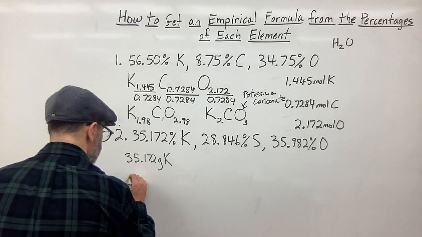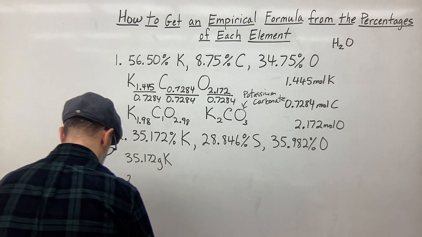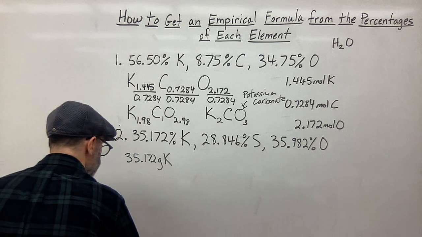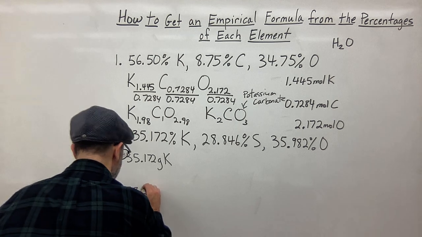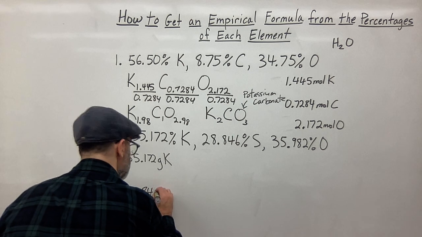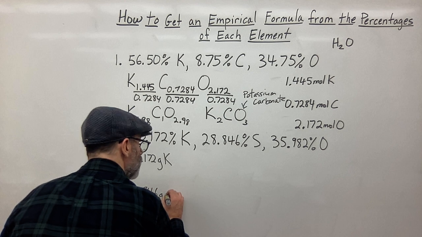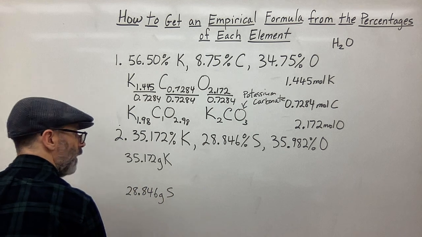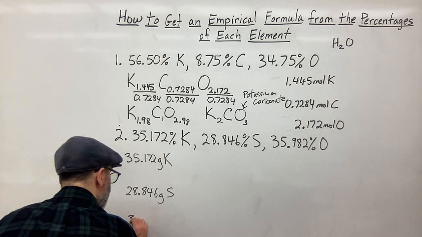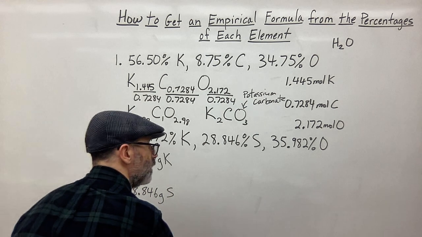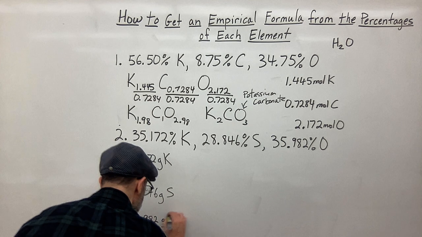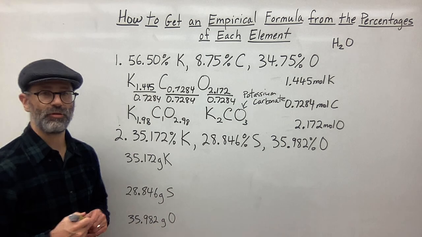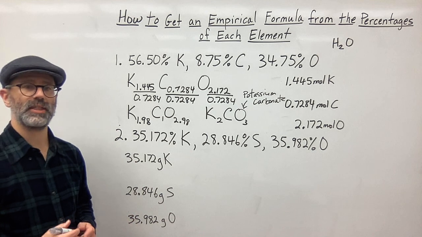For sulfur, I'll have 28.846 grams of sulfur, and I'll get 35.982 grams of oxygen.